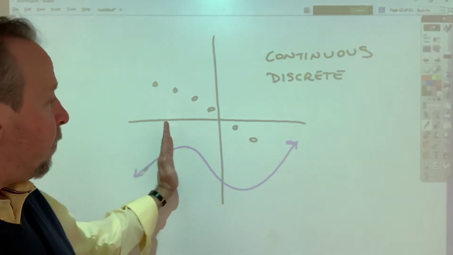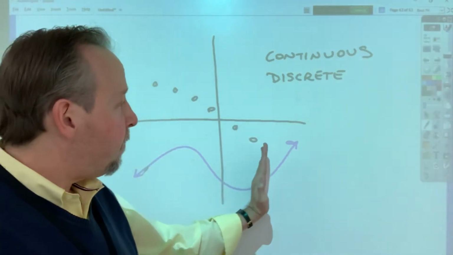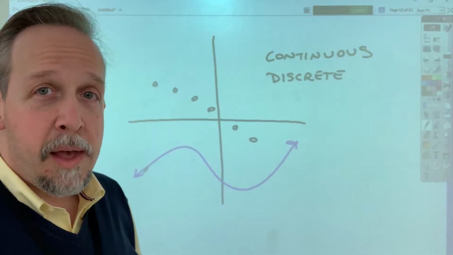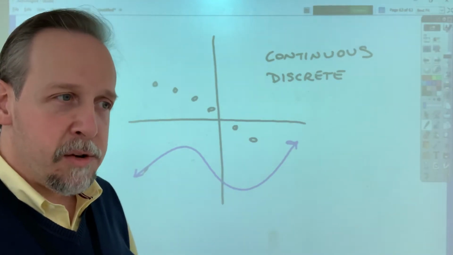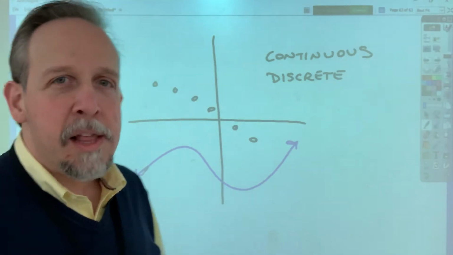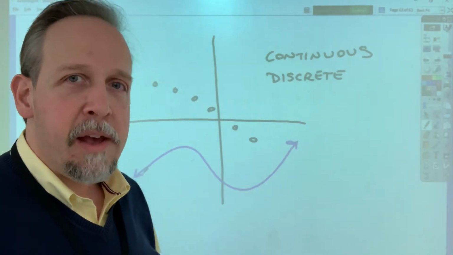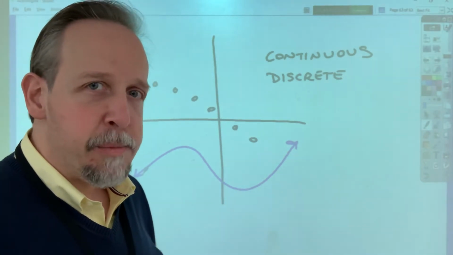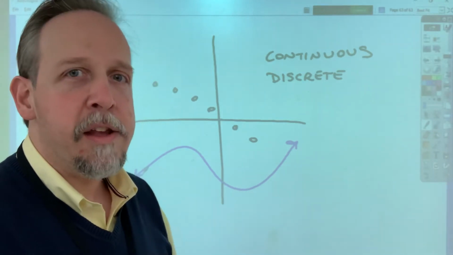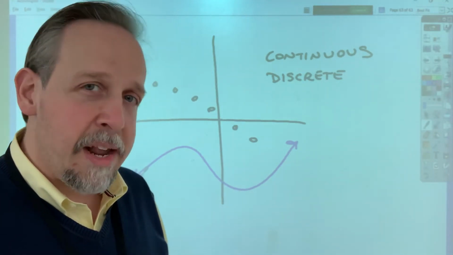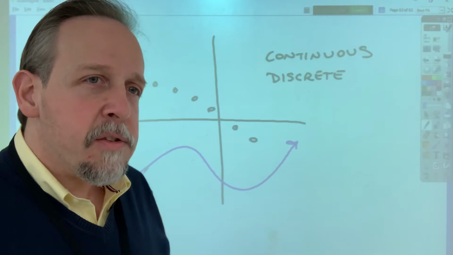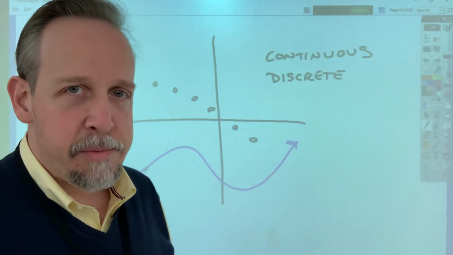Everywhere you would draw a vertical line, it will only touch that function once. But it's continuous in that the line is connecting. A line is just made up of an infinite number of points. So on every single value, to the smallest decimal, there exists a value that's on that function. So that is continuous. It's discrete if it starts and stops.